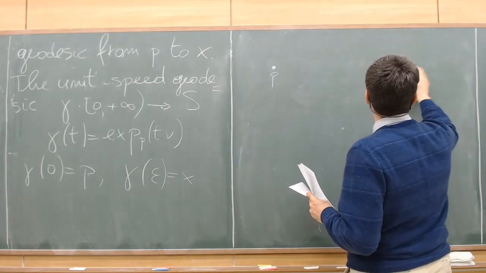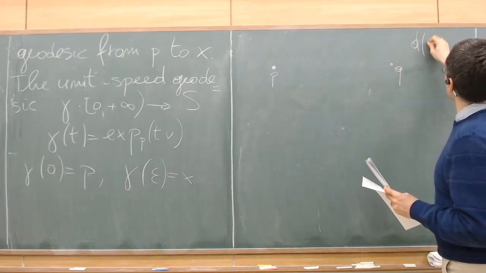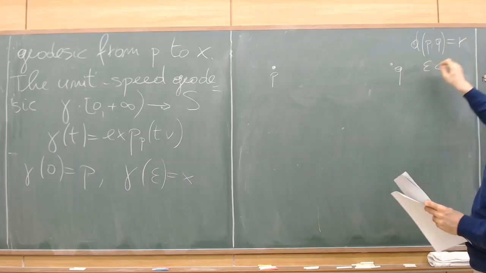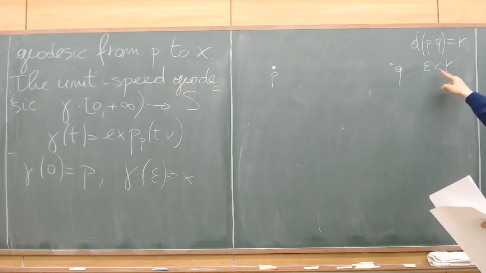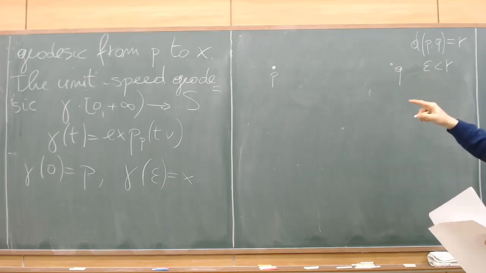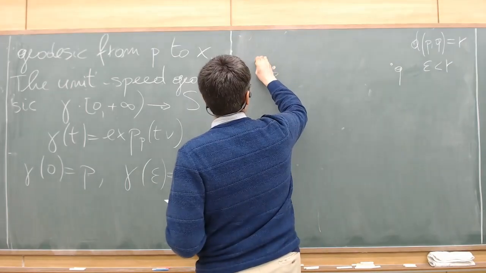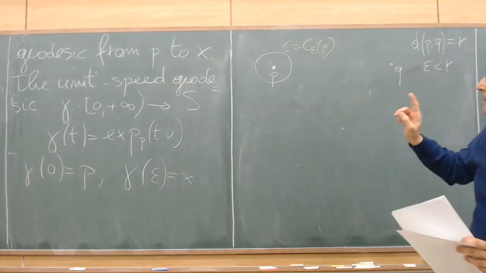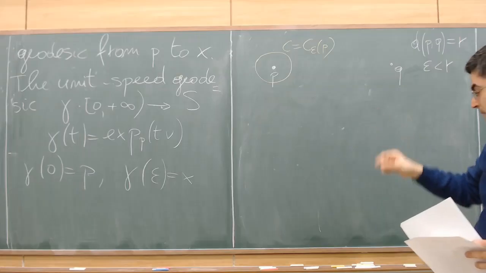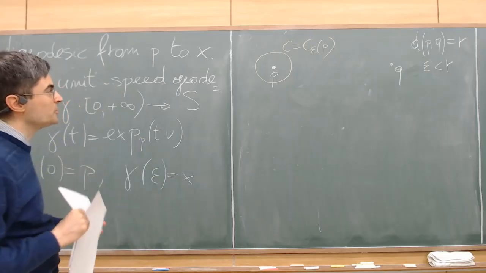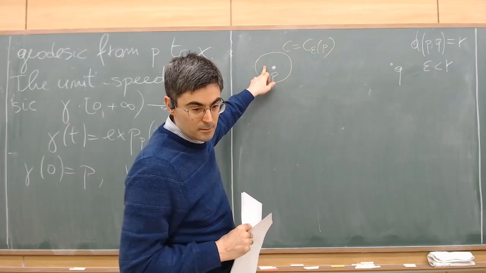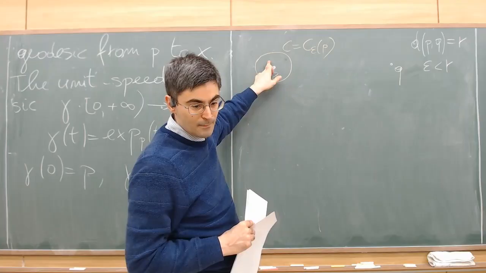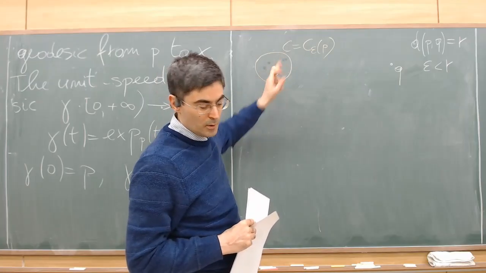This is the point Q. The distance between P and Q is equal to R. And we chose a distance circle centered at P of radius epsilon smaller than R, and small enough to ensure that C_epsilon, that for example is this one, is contained inside a normal neighborhood of P. This is why we are sure that if we work with points contained inside this disk, there is a minimizing geodesic from P to those points.